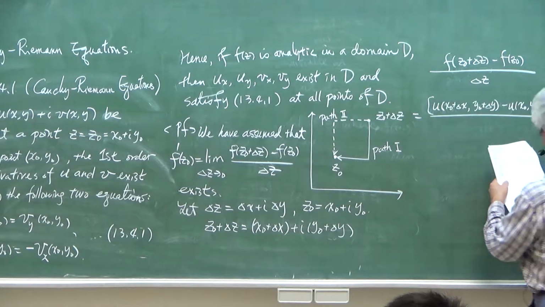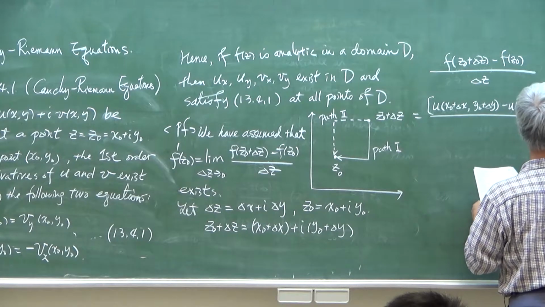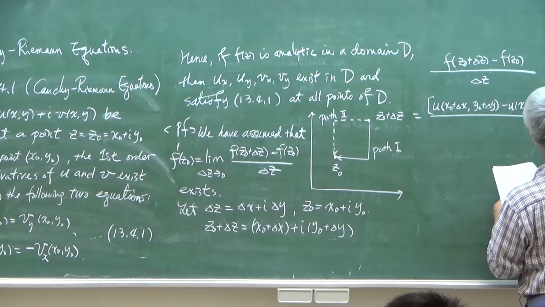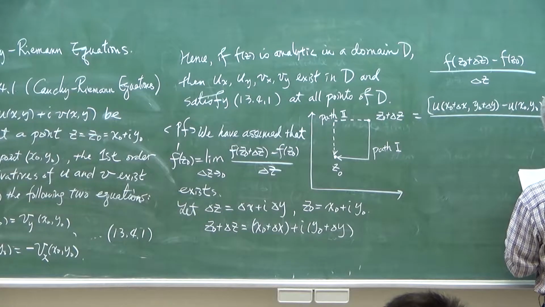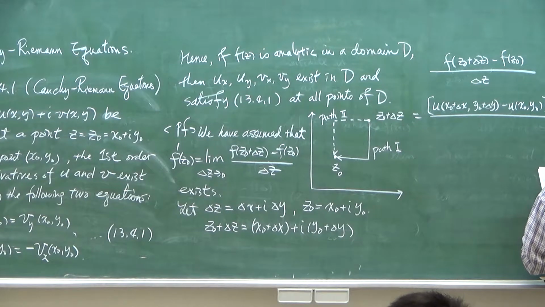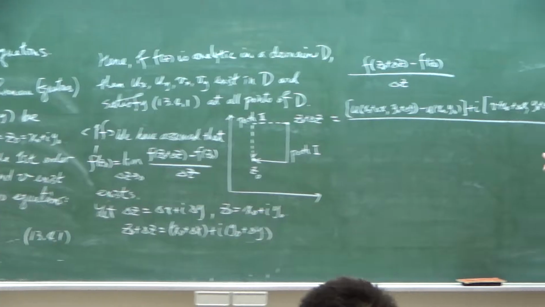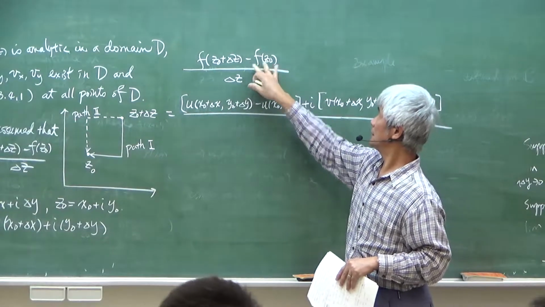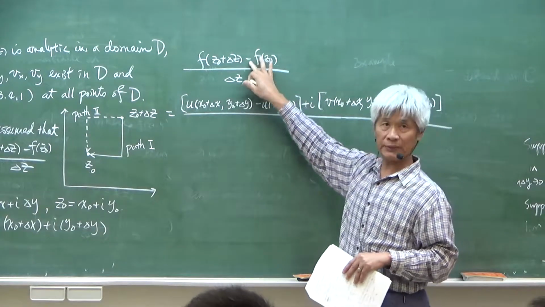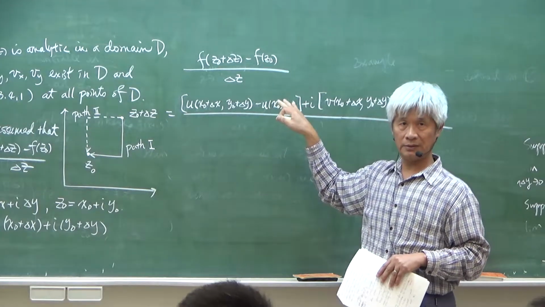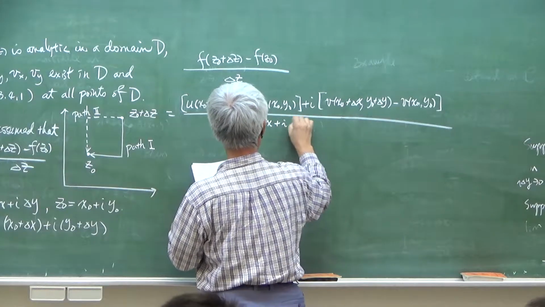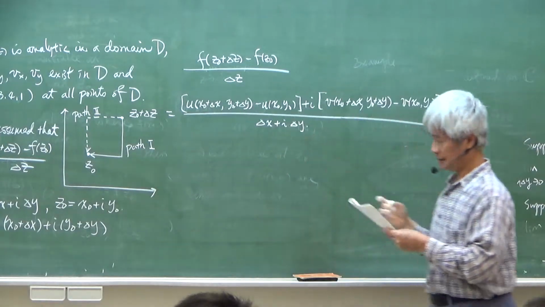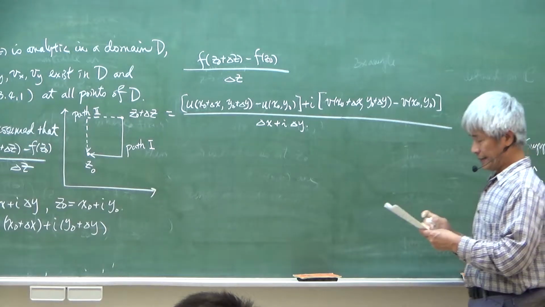How about the imaginary part? We have v of x0 plus delta x, y0 plus delta y, minus v of x0, y0. We just express this numerator in terms of u and v. It's just direct substitution. And delta z is equal to this.